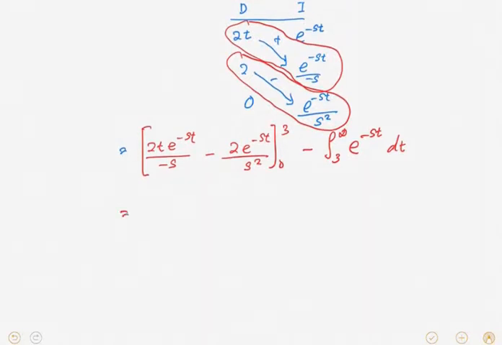Okay, this will equal to, you substitute t with 3 and then substitute t with 0.